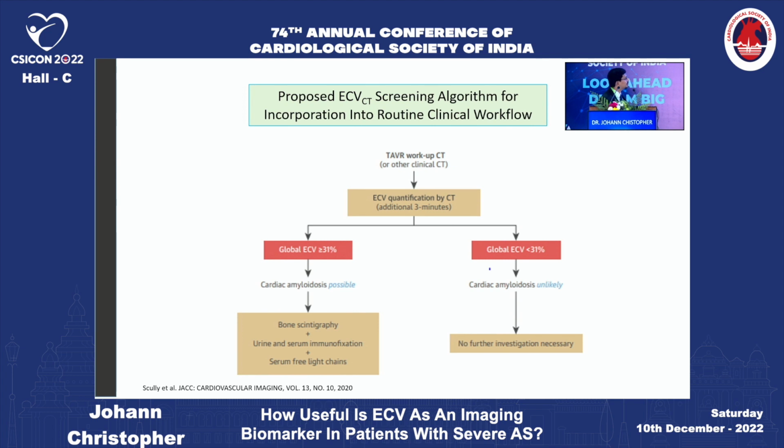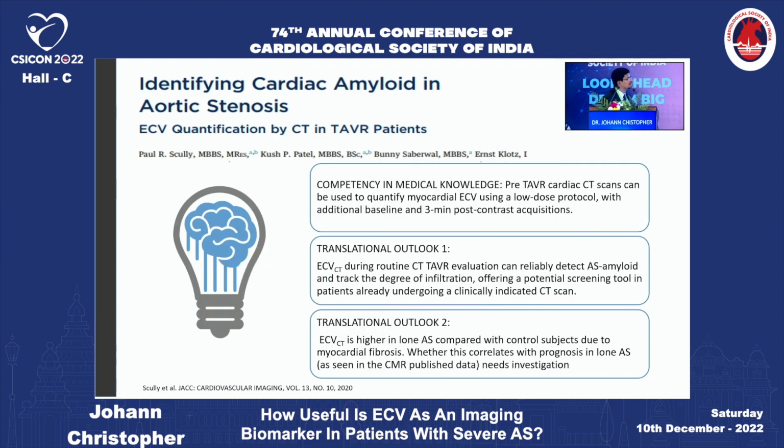And this is the basic algorithm that we follow. Once we do the ECV, if it is more than 31, there is a high likelihood of cardiac amyloidosis associated with aortic stenosis. And using your traditional tools of immunofixation for AL and bone scintigraphy using pyrophosphate for ATTR, you can make those variants out. However, if you have an ECV of less than 30, generally the chances of amyloid are very, very low.